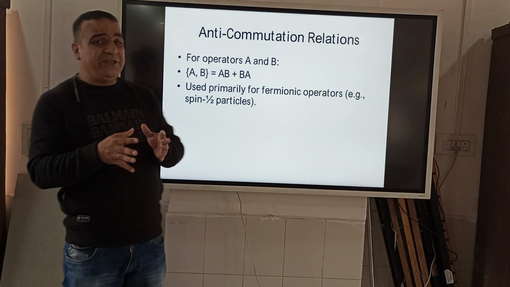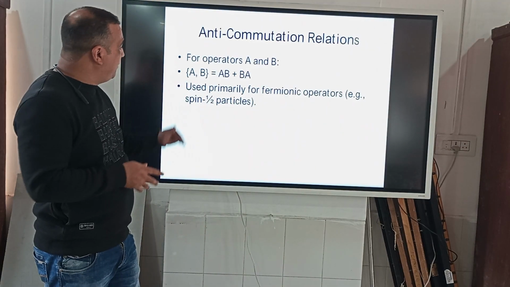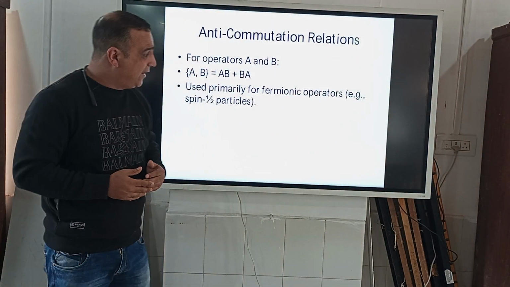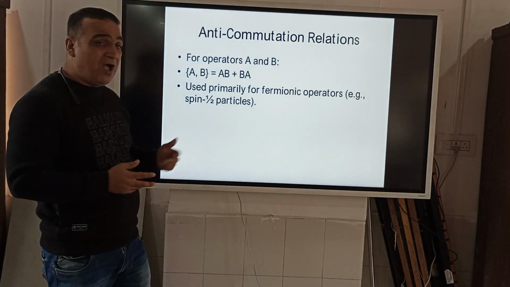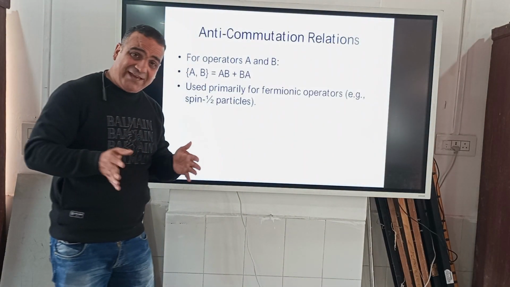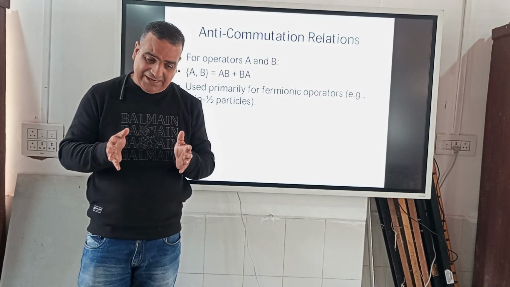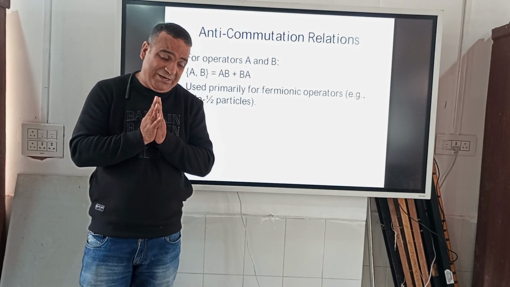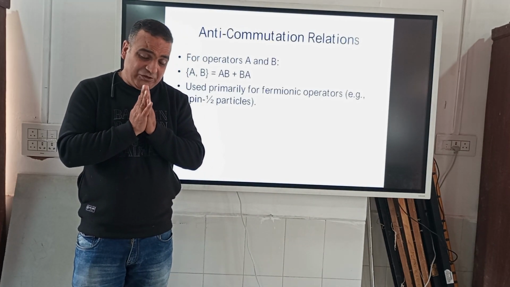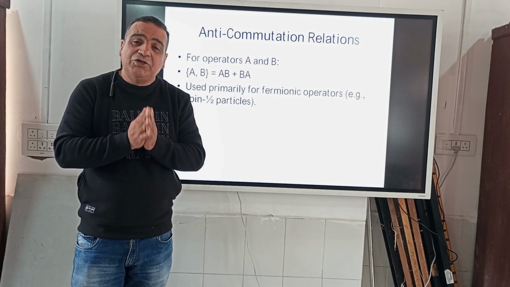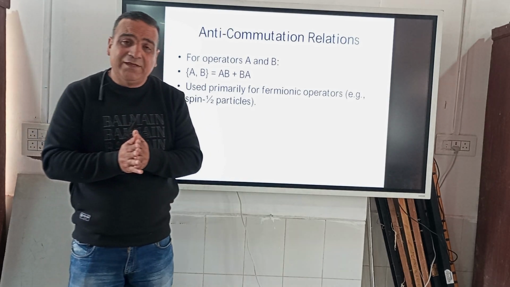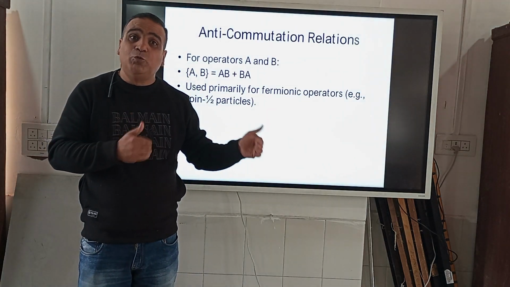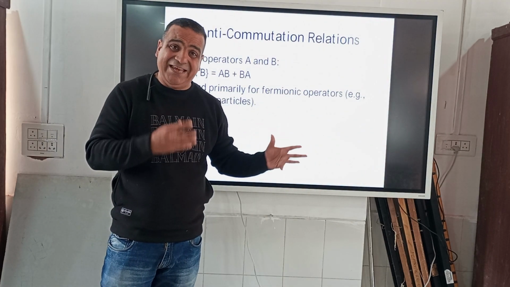So what are anti-commutation relations used for? They're primarily used for fermionic operators, for example, spin-half particles. The basis of anti-commutation is that your system should not violate the Pauli exclusion principle, because you cannot have two particles in the same quantum state.